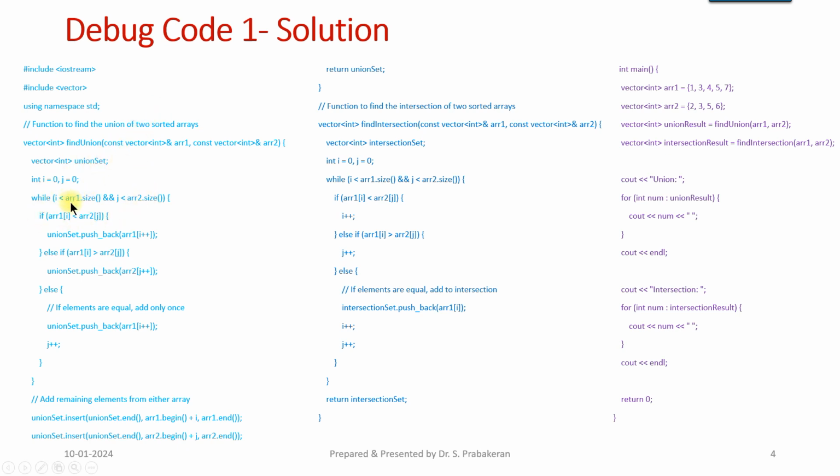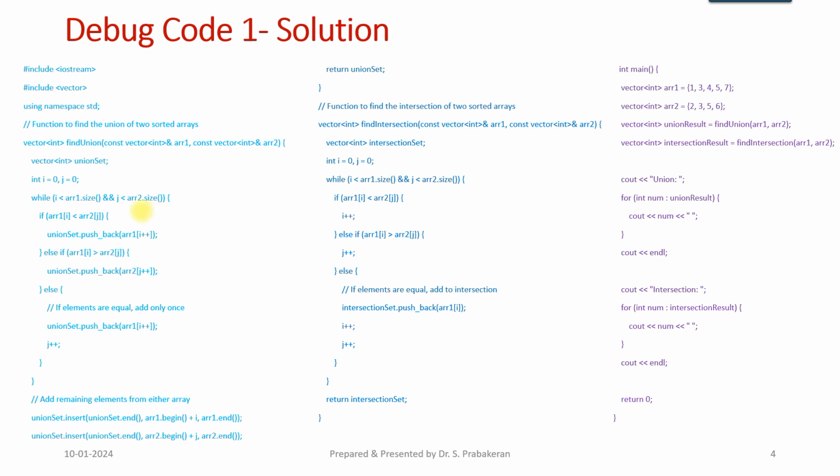If array 1 of i is less than array 2 of j, then we add array 1 of i to the union set and increment i. If array 1 of i is greater, we add array 2 of j and increment j. Also, if they are equal, we add one instance and increment both the pointers. So that's the logic we have written for the find union function.